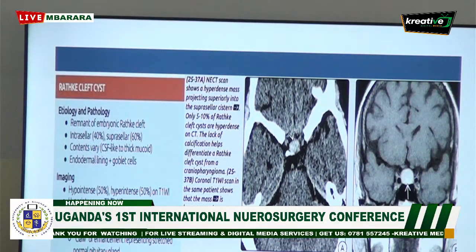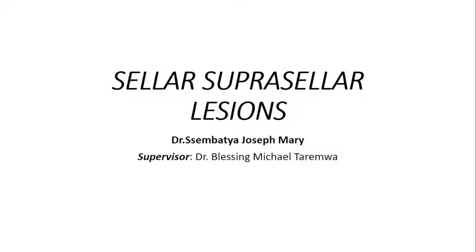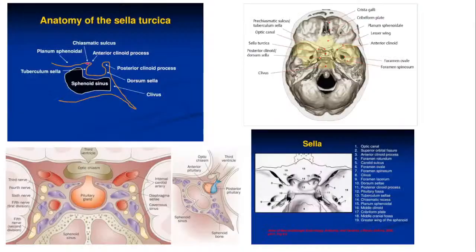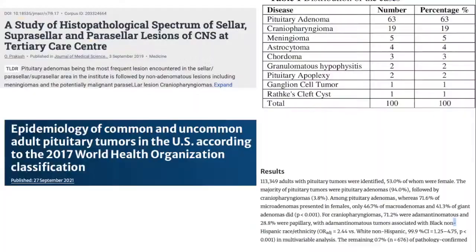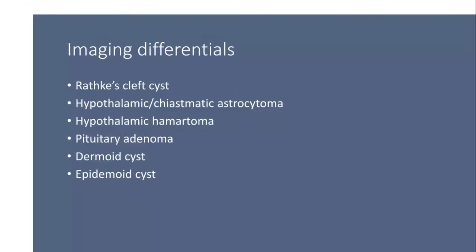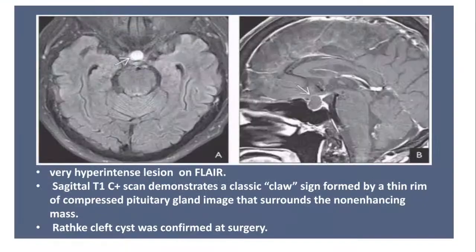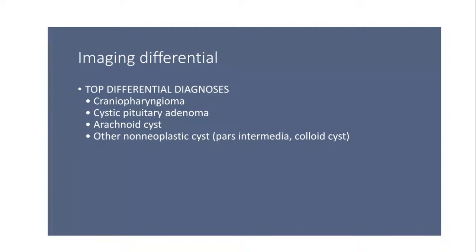And on this particular scan, I think you can see the arrow of a claw, because usually the cyst compresses the pituitary gland and it forms a claw shape. The imaging differentials, again, are craniopharyngiomas, most of which are cystic, or cystic pituitary adenomas, arachnoid cysts, and other neoplastic processes.